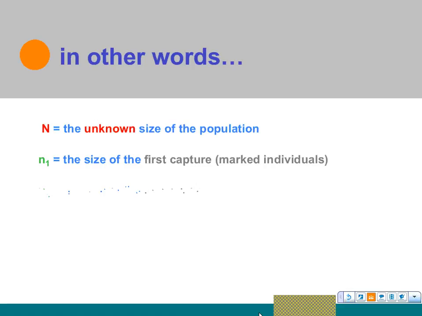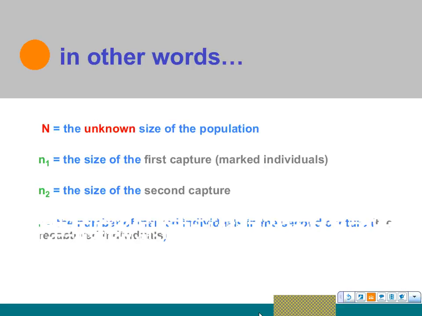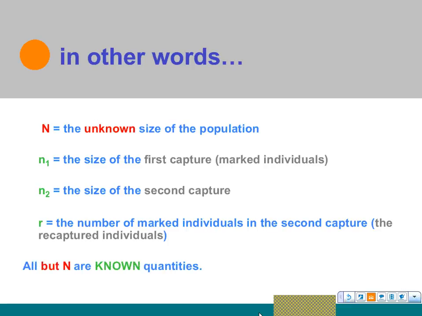After that, we take a second sample of size N2, and in this sample we count the ones that are marked. So all of these quantities are known except for N.